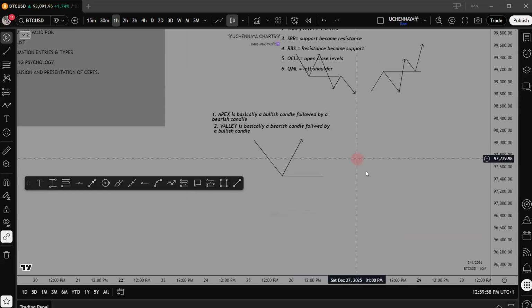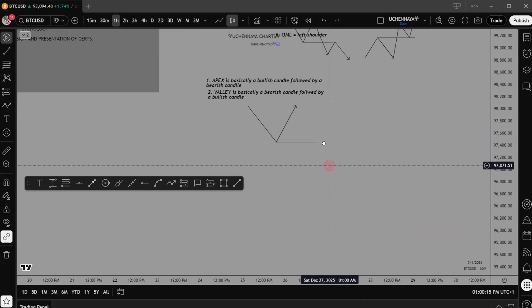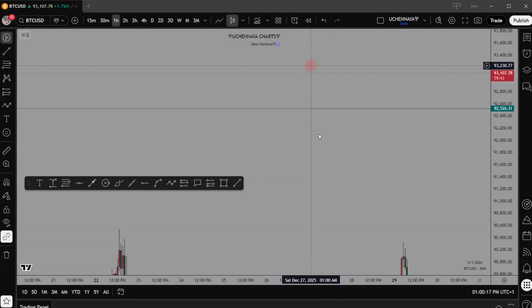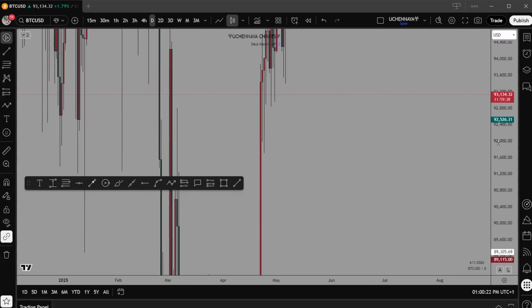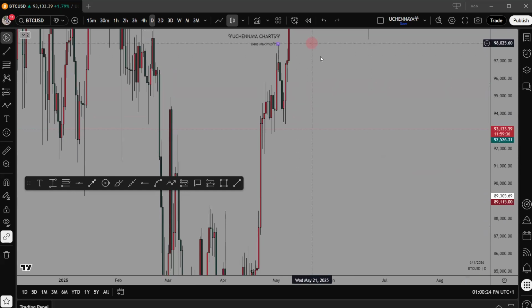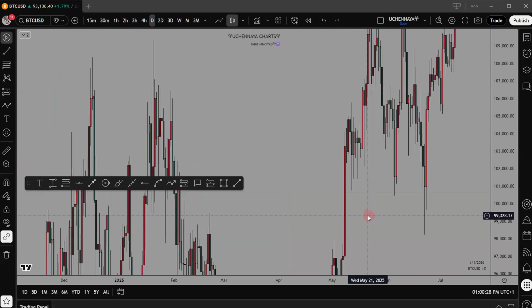OCL is two candlesticks of the same direction. These RBS, SBR, they all make up of different candlesticks. OCL is basically two candlesticks. So this is what OCL looks like. OCL means open close, the open close of two candlesticks.